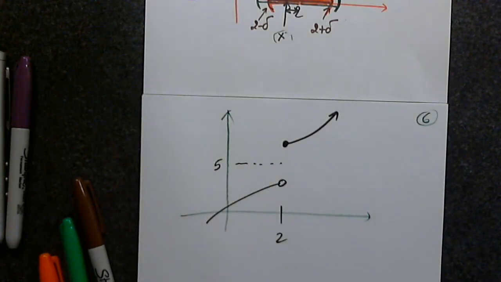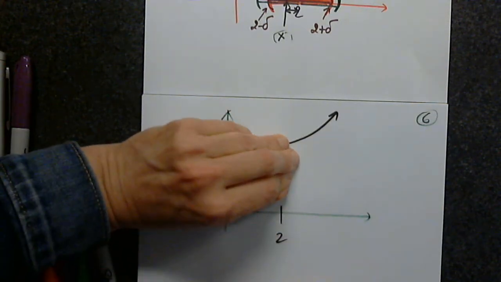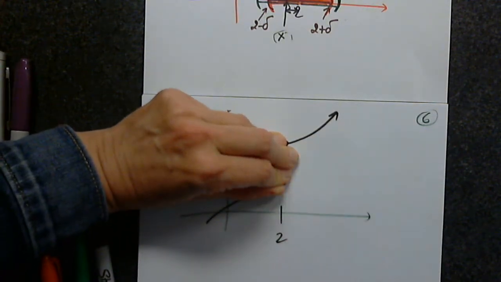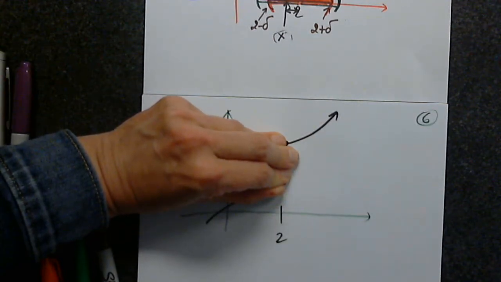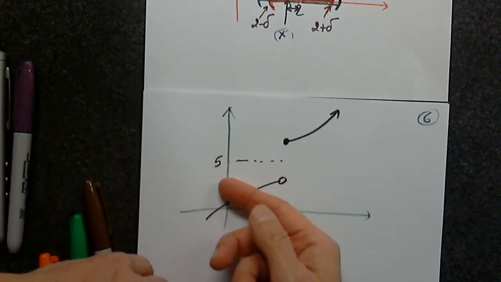Now assuming that I'm looking at this function, I zoom out, and I'm so far away that they kind of melt. I see something like this, and as x approaches 2 from either side, you will say the limit is 5.